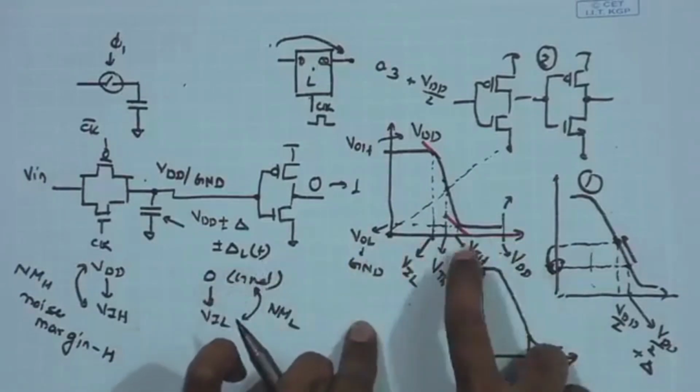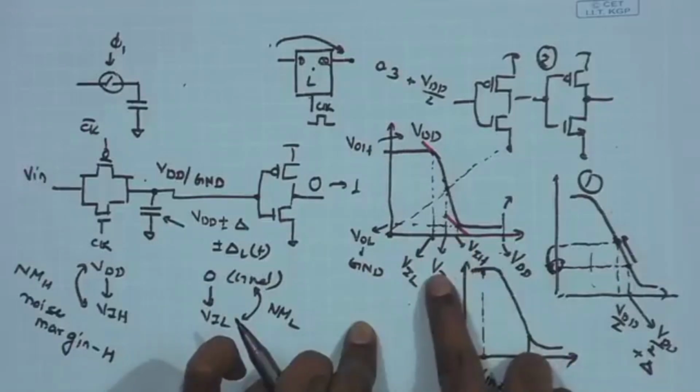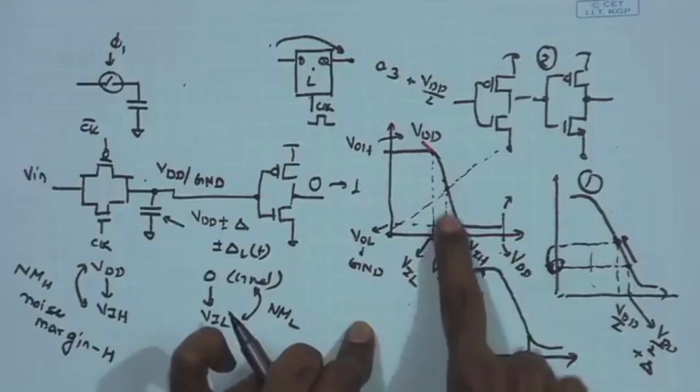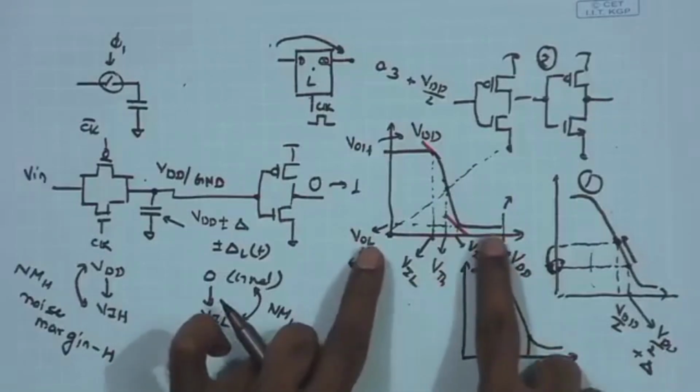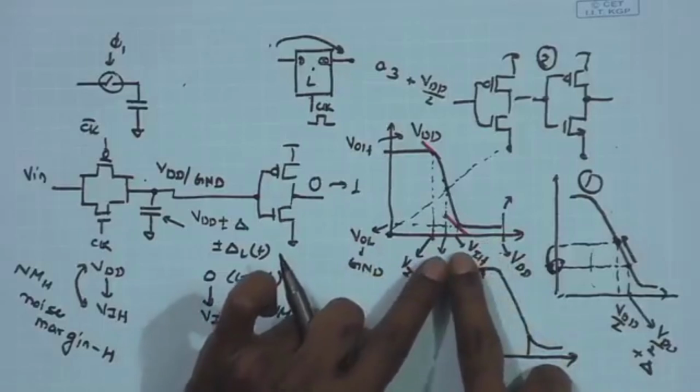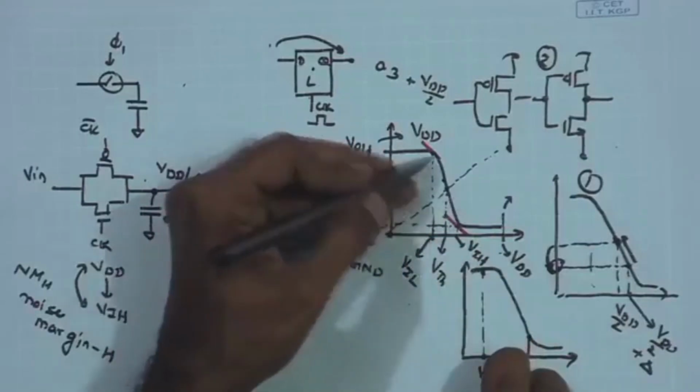If I size the transistor such that this VTH is VDD by 2, the trip point of the inverter is VDD by 2. If I can size the inverter such that this is achieved, and VIL and VIH are also both close to VDD by 2, this region is narrow.